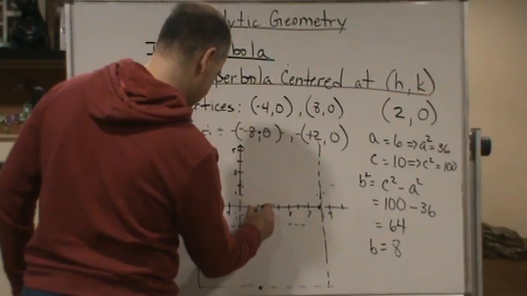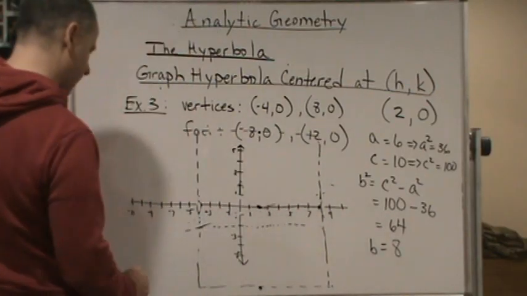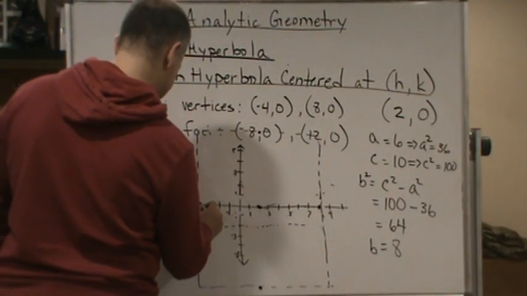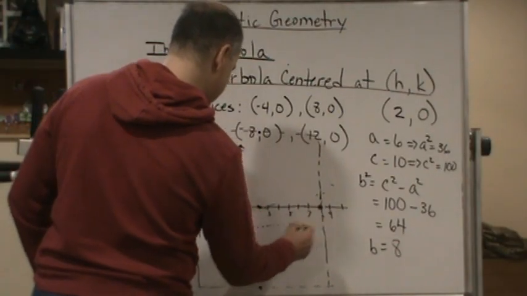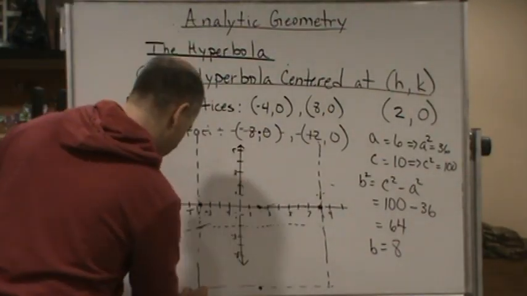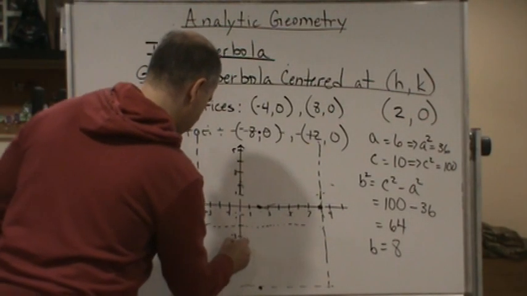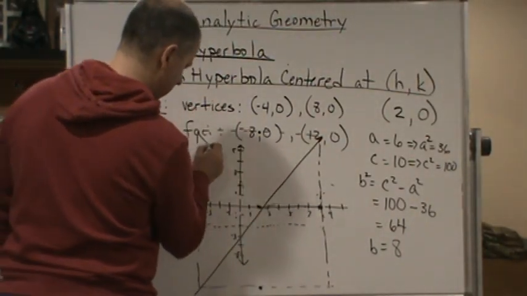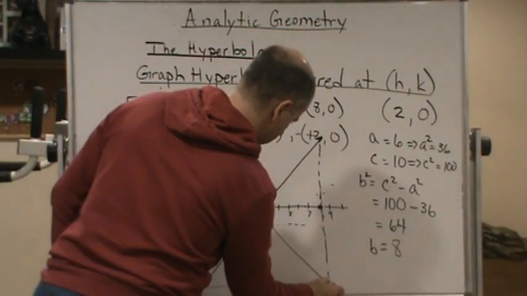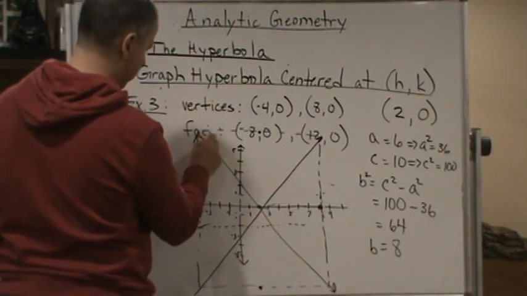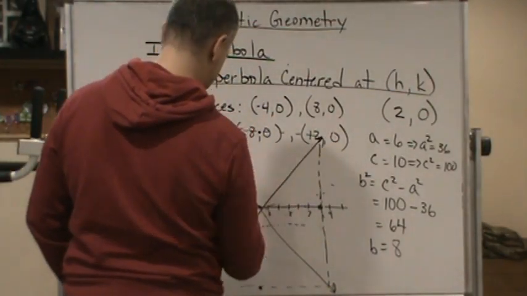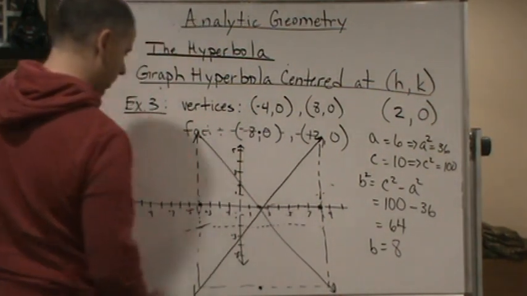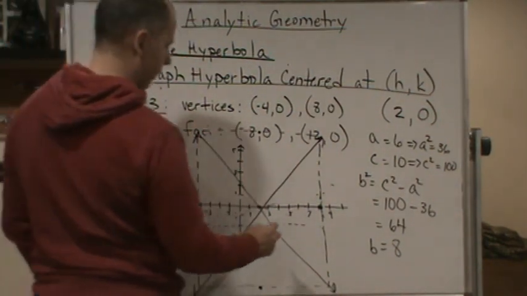Okay, so here's our center, and here's the vertex here. So now let's draw our asymptotes, which should go through the center there. Don't mind my artistic talent, or lack thereof.